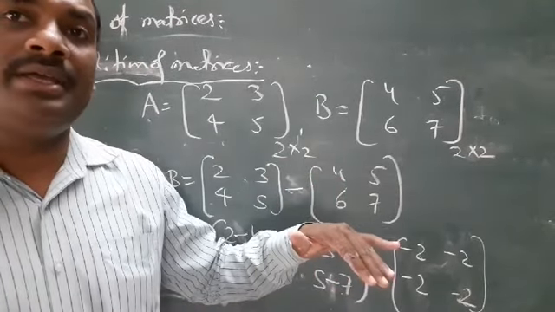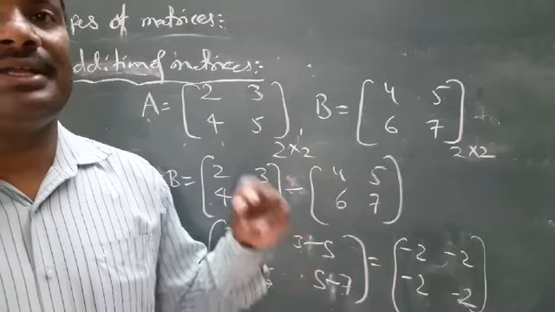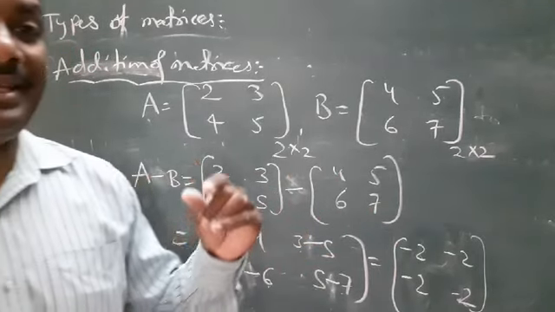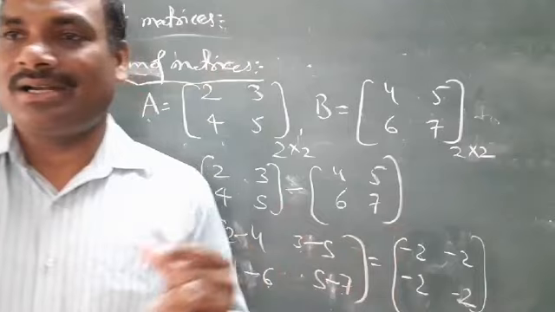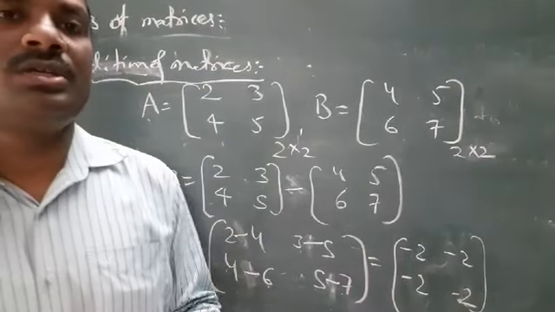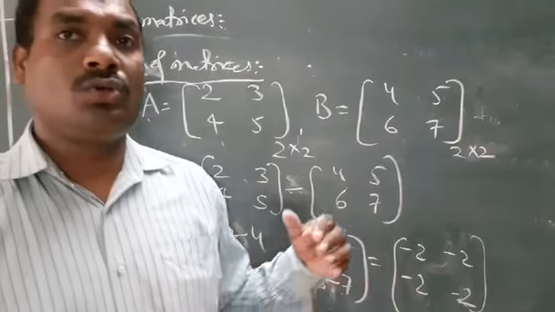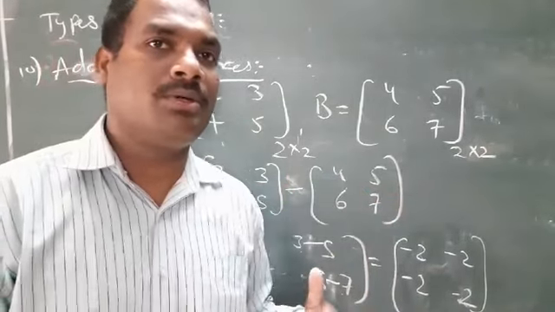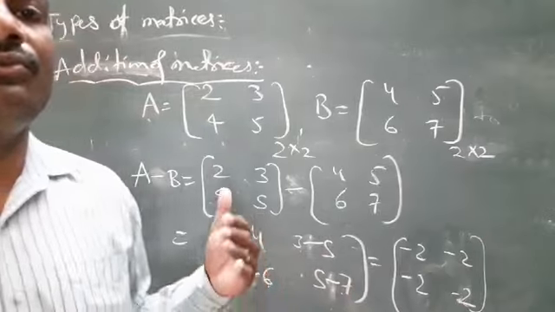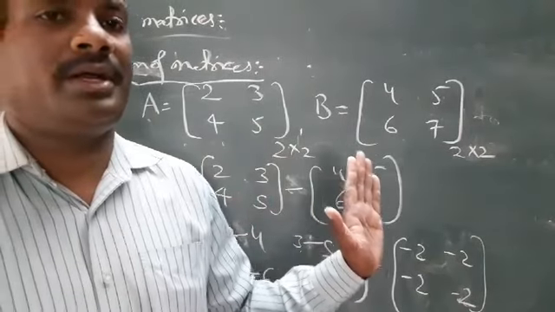Elements are denoted by small letters. An element is denoted by a_ij. i stands for rows, j stands for columns. Always rows are counted from top to bottom, columns are counted from left to right.